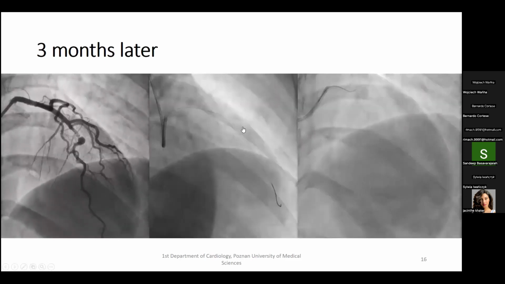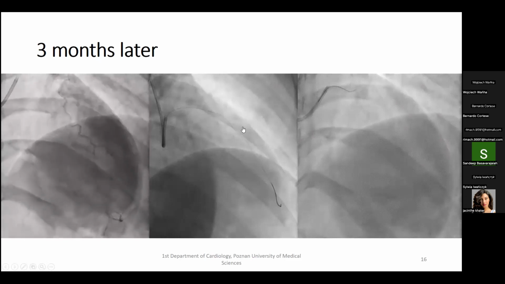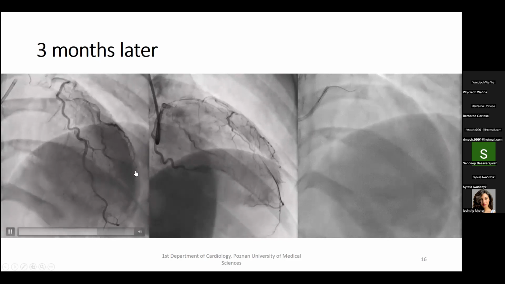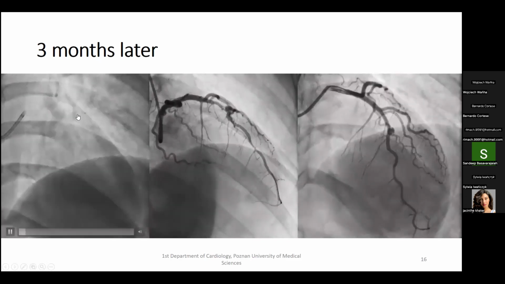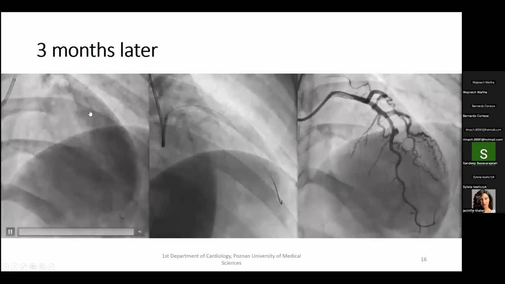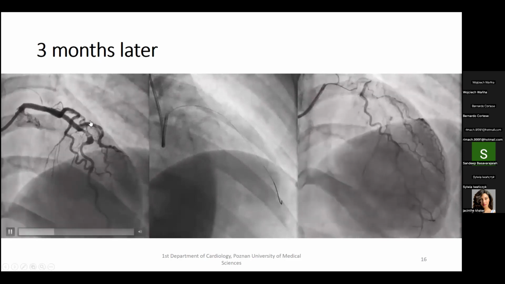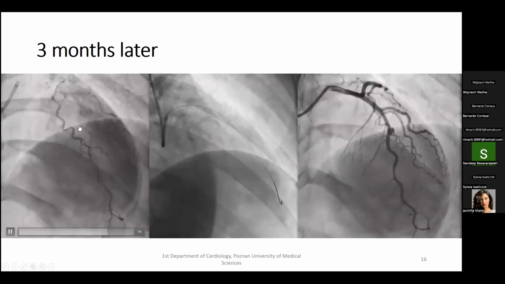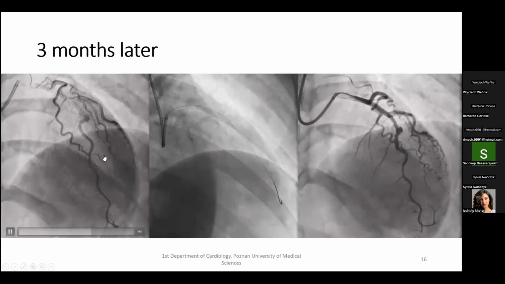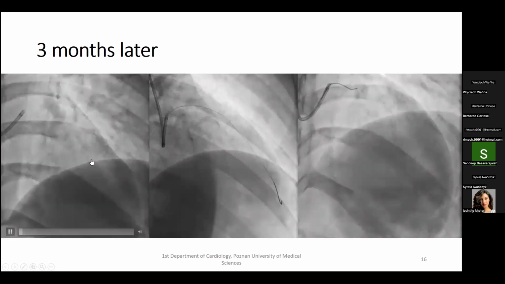And this is our coronary angiography 3 months later. Now we can see that we have a flow through the artery, and distal to the segment of the occlusion, we can observe the coronary aneurysm, and it was probably the reason why the wire couldn't pass the lesion, because the wire probably got stuck there.